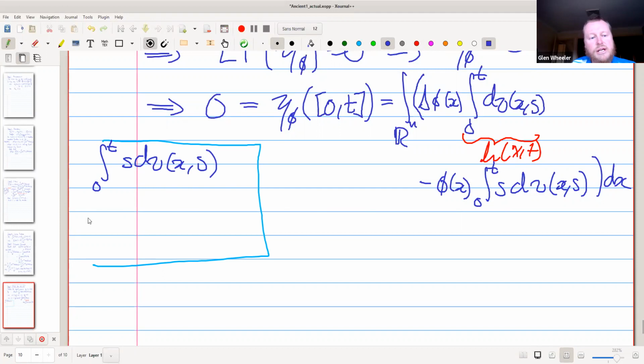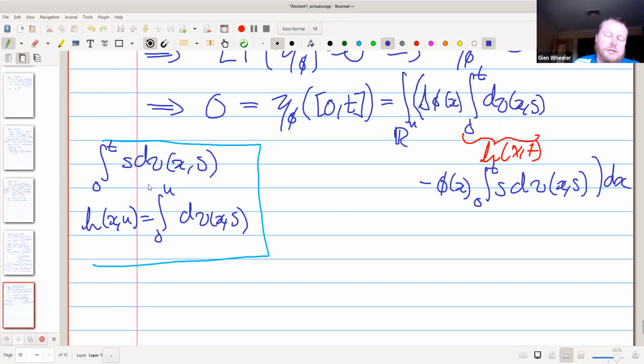But because h(x,t), or you could replace the t with a different variable, maybe it's more obvious, h(x,u) is the integral from 0 to u of dν(x,s), then you can integrate by parts because the dν here is just the derivative of h with respect to u. And the good thing is that when you do that, you pick up just one boundary term because the other one is 0 because of the 0 here.